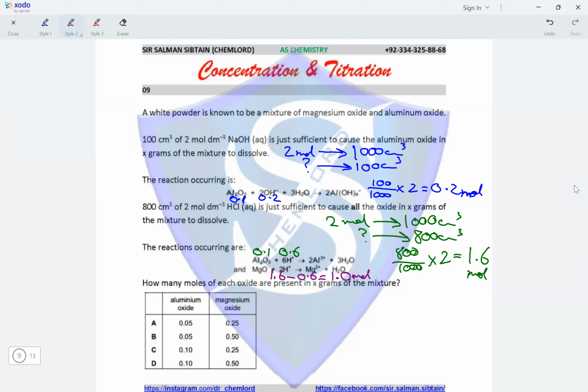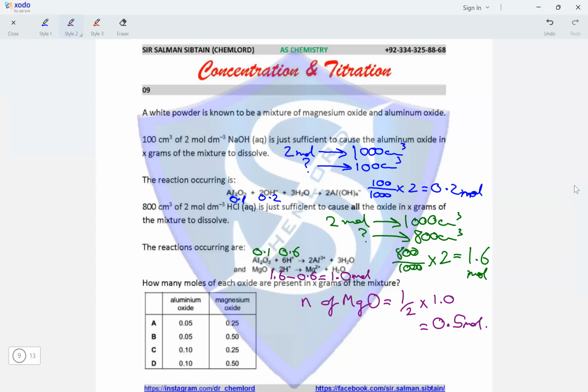So, how many moles of each oxide are present in X grams of the mixture? If the moles of HCl that reacts with MgO is 1.0 moles and the molar ratio of MgO to H positive ion is 1 to 2, that means moles of MgO would be half of 1.0, which gives us 0.5 moles of MgO.